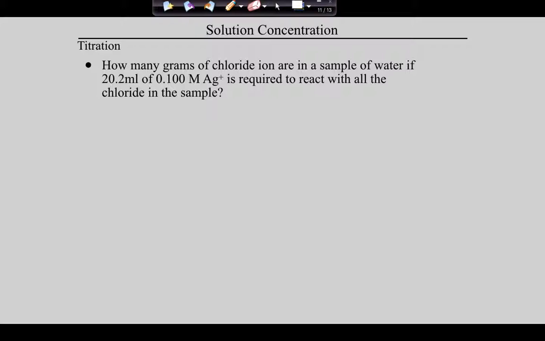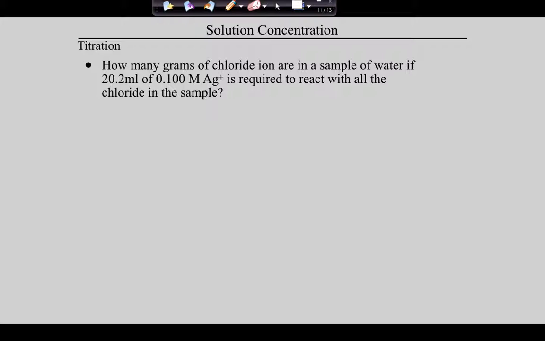There are permissible levels above which we can't use this water to irrigate our crops. We need to know. So what are we going to do? Well, guys, they bring you a solution, and the question they want answered is how many grams of chloride ion is in this water? Well, we're going to find out for them and make a lot of money.